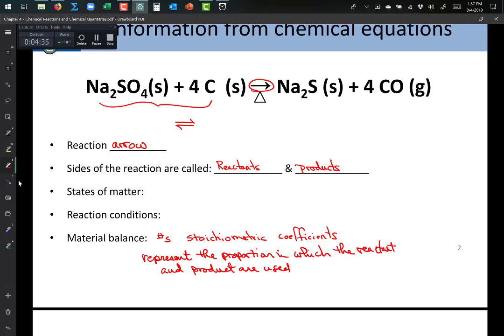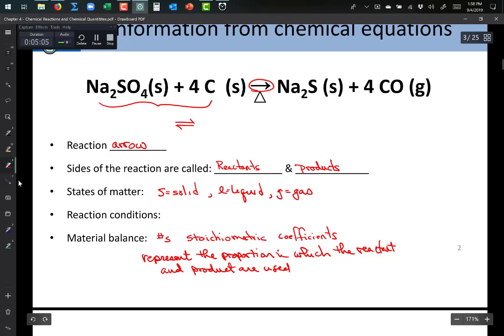That's probably one of the most important things we get out of balanced reactions. The other things listed in chemical reactions are the states of matter. The states of matter are S for solid, L for liquid, G for gas.